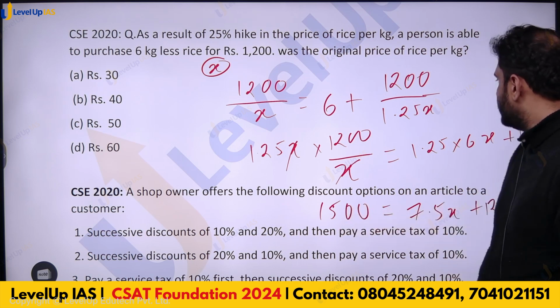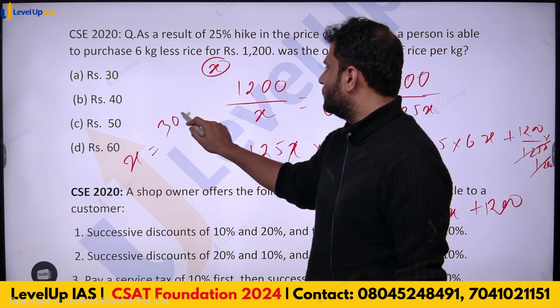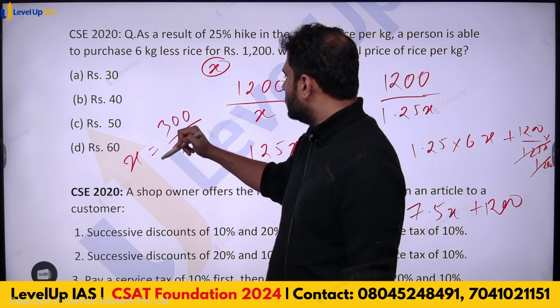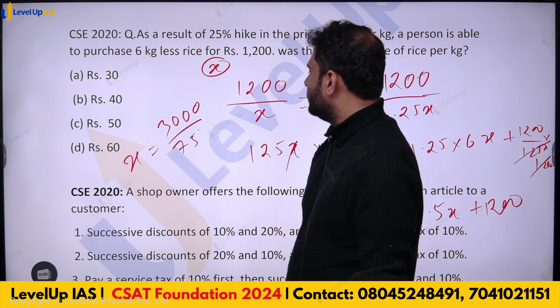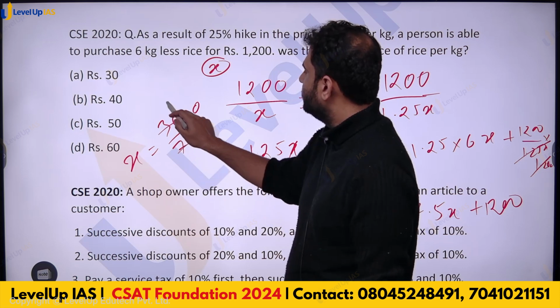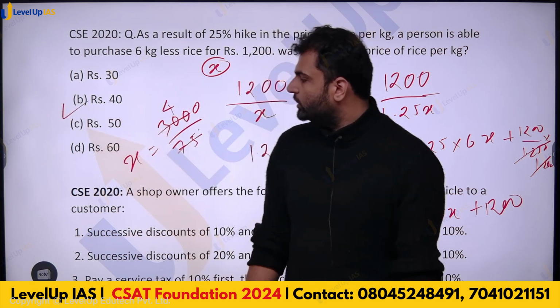So this is 300 equals 7.5x. X is equal to 300 divided by 7.5, or 3000 divided by 75. You can see that 75 4s are 300. Answer is 40 rupees.